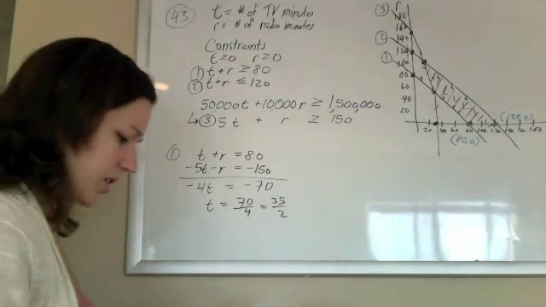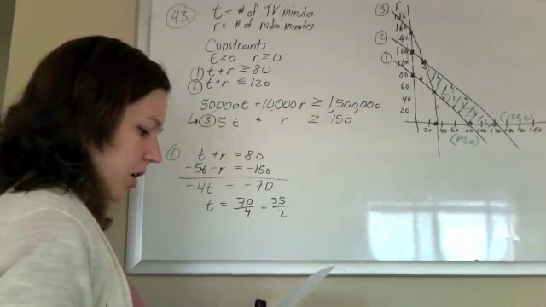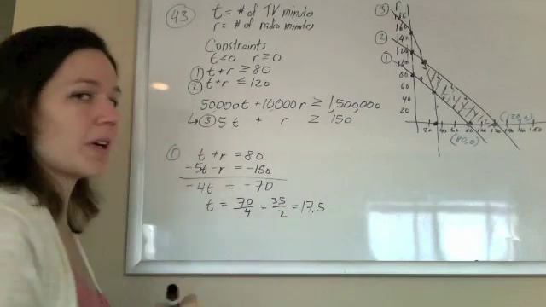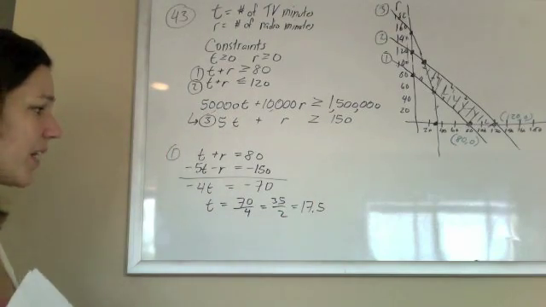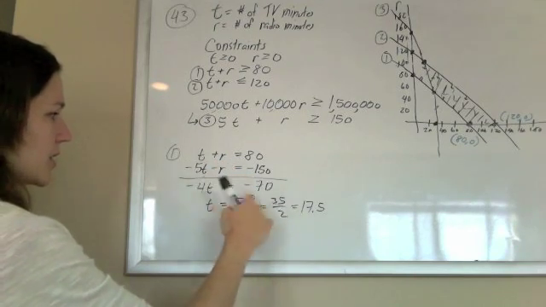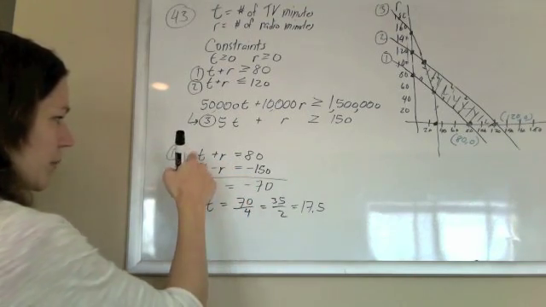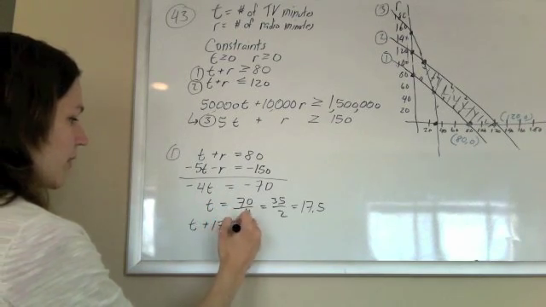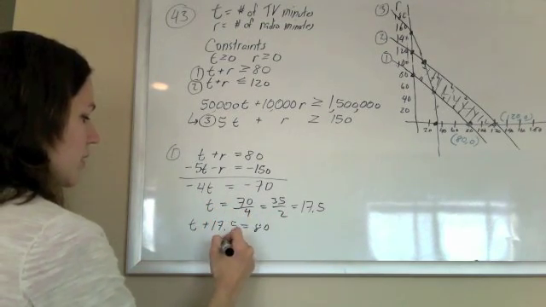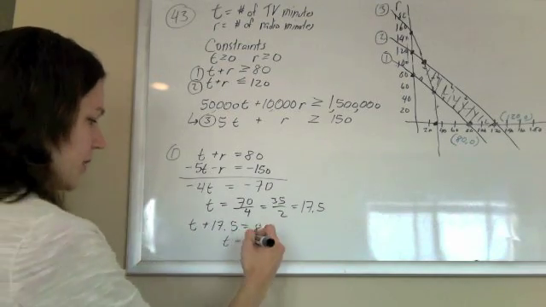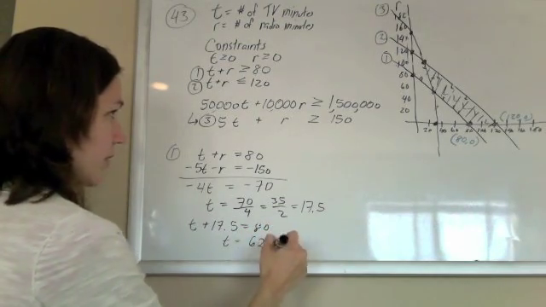Let me check that, make sure I'm good. 35 halves, yep, which is about 17.5 radio minutes. And if I want to know what R is, I can just plug that back in. Plugging it into the first one, t plus 17.5 equals 80, so if I subtract, that gives me 62.5.